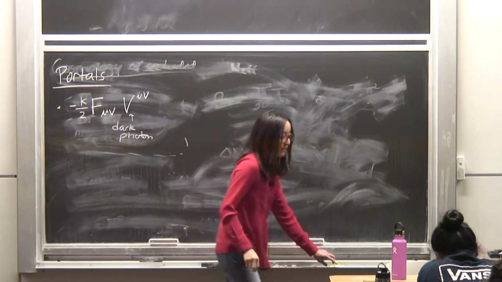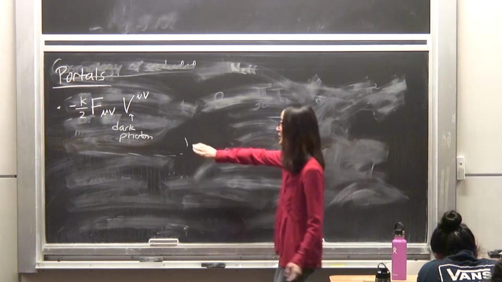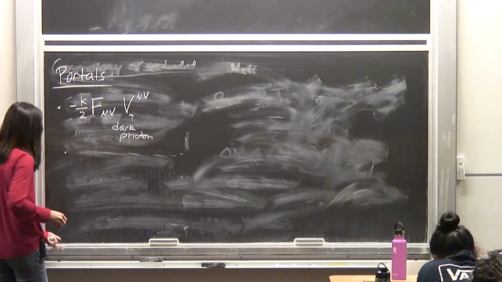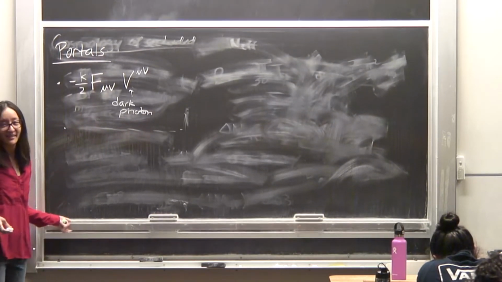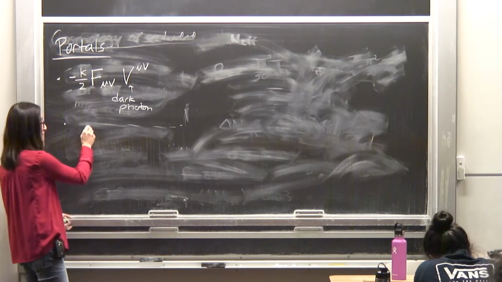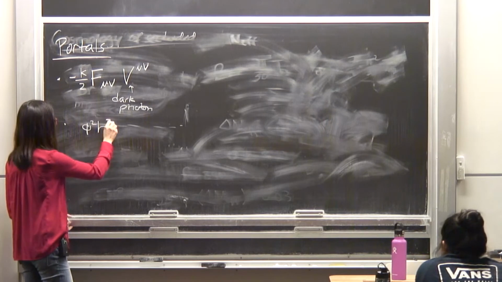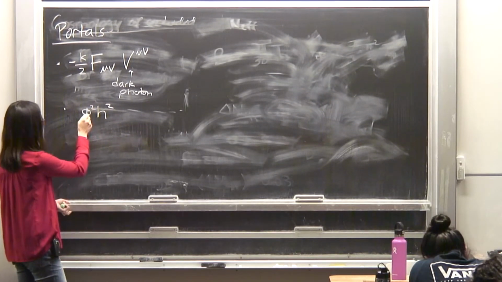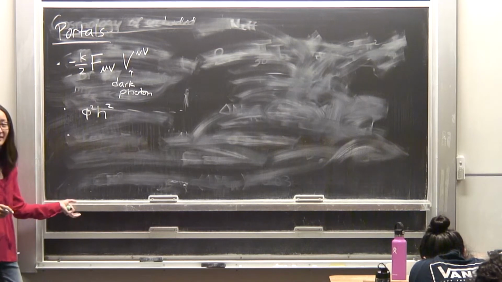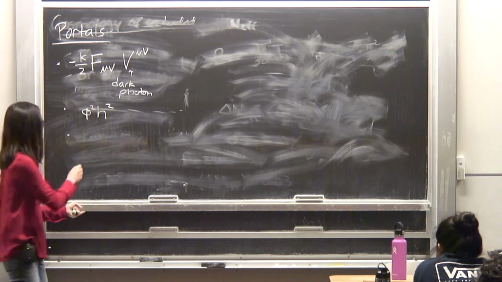At this point, I wrote down a bunch of portals in my notes. It's probably not complete, so feel free to shout out your favorite one. Any others? I cannot remember them all. Higgs? Which Higgs portal do you mean? Do you mean a scalar which mixes with the Higgs? Yeah, good. Higgs. So this would be my mediator, and I can get a mixing to the Higgs this way. Neutrino.